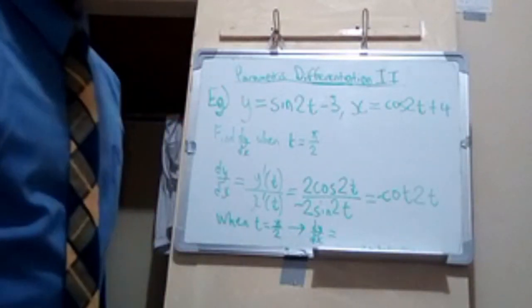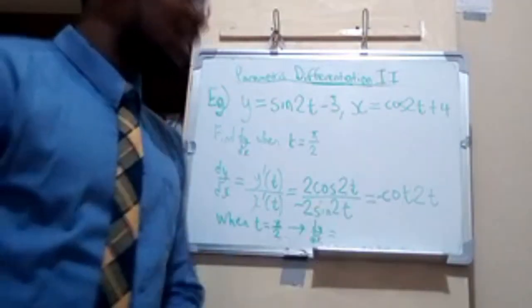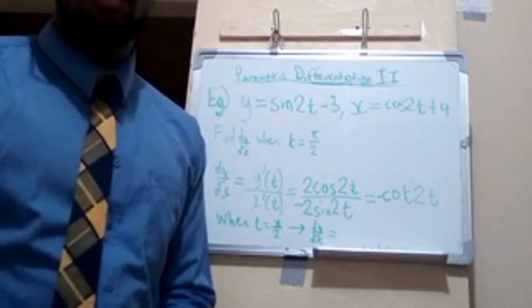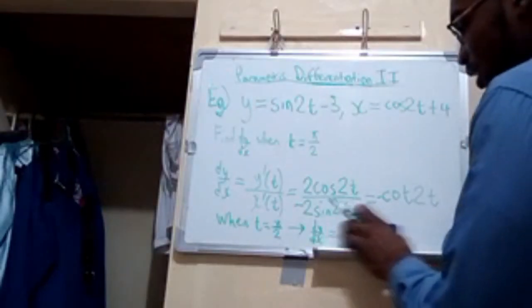So the cotangent of pi, remember, is 1 over tan. So dy by dx is just minus 1 over tan pi. Tan pi is tan of 180.